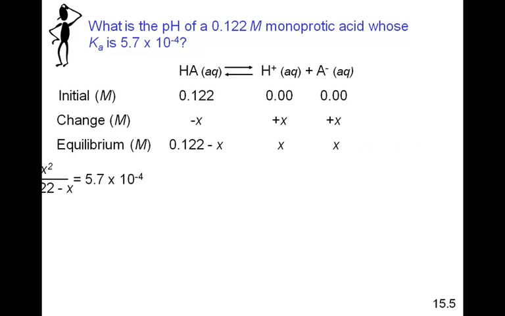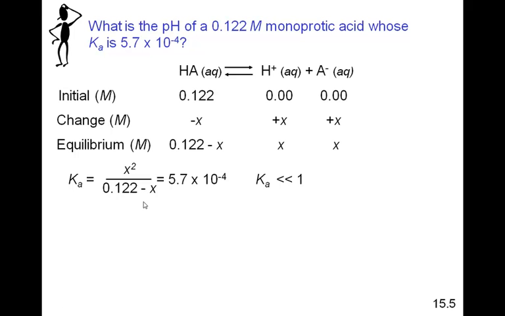And of course, we're going to plug those values into our Ka equation. Remember, it's the H plus concentration on top times the A minus concentration, so that's X times X, which is X squared, divided by the HA concentration on the bottom.